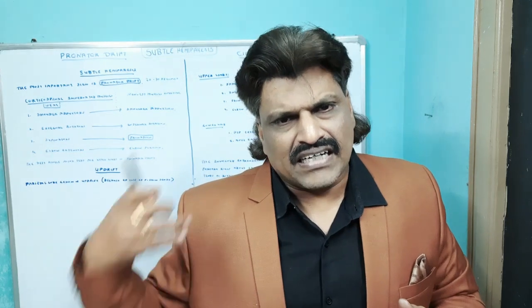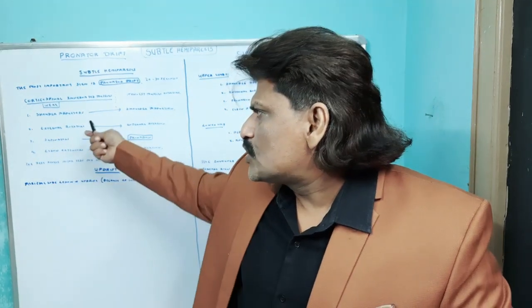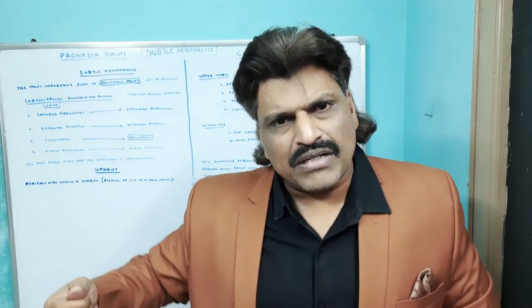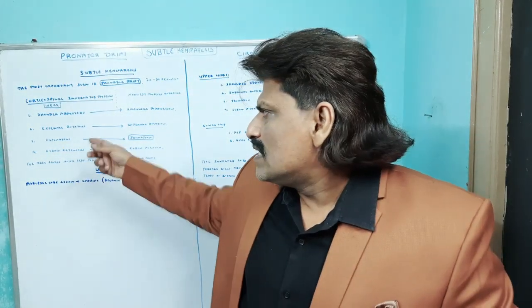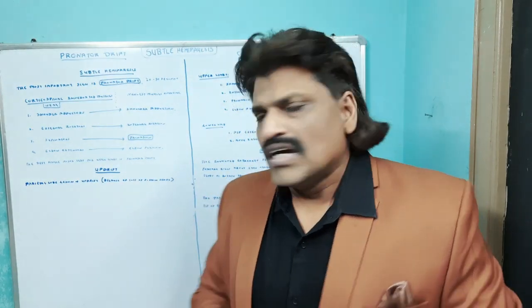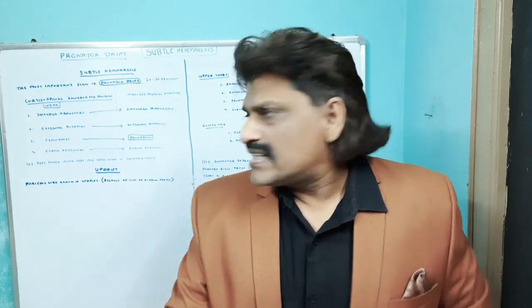So when the corticospinal tract gets affected, imagine on the left side, the right sided group of muscles get affected. So what happens when the shoulder abductors get affected? There will be shoulder adduction. When the external rotators get affected, there will be internal rotation. When the supinators get affected, there will be pronation. And since the elbow extension gets affected, they will have flexion.